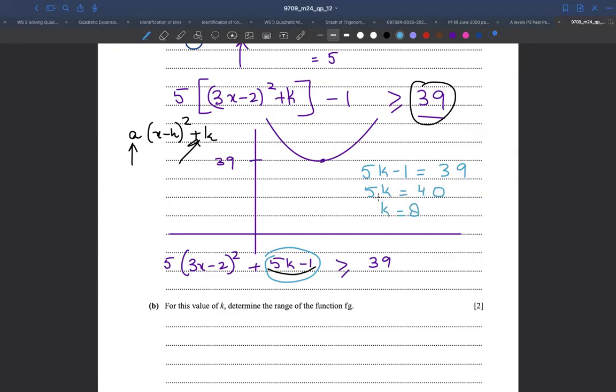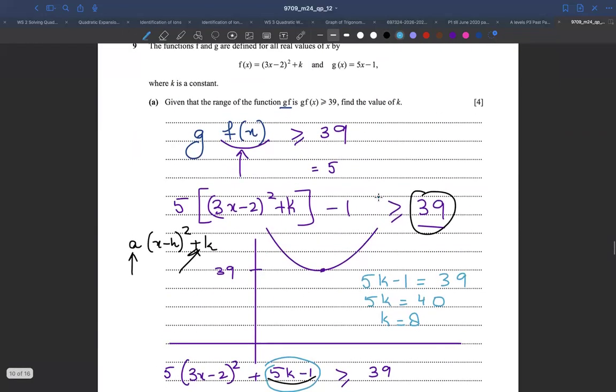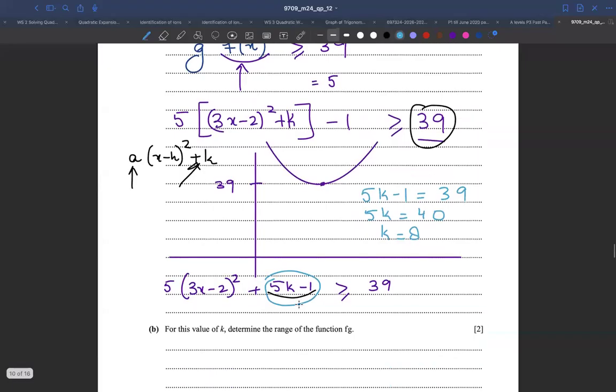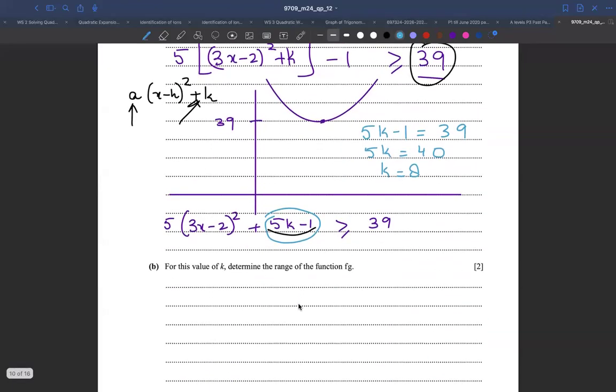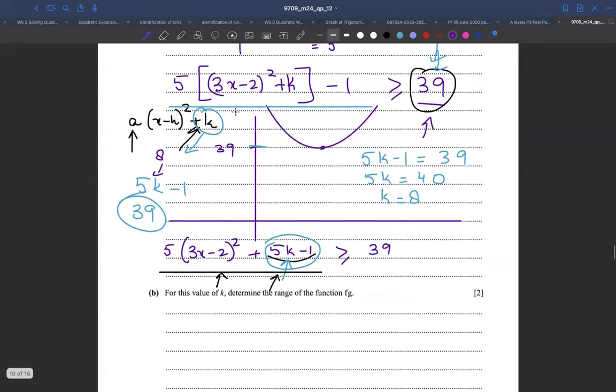Now let me just quickly explain this part again. Look, let me just stop for a minute. For this value of k, once we have the value of k, which is 8, it is saying find the range of fg. Easy.